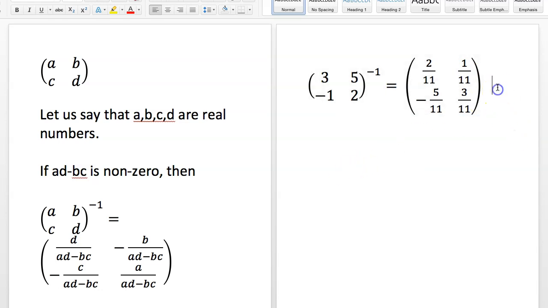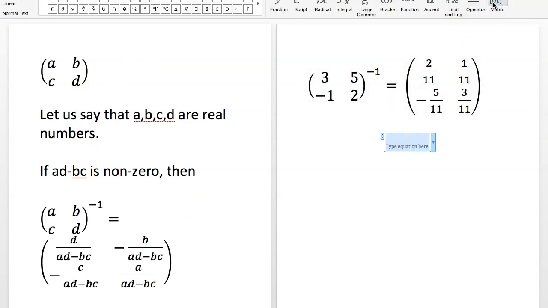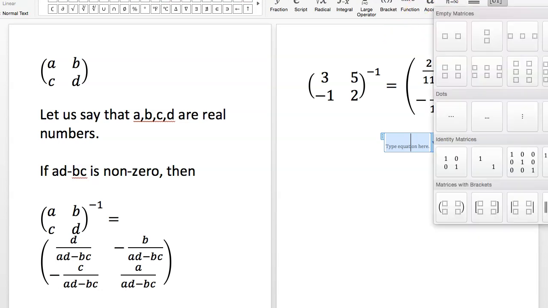Because I claim that if I multiply it by the original, I'll come back where I started. So I claim that if the original was 3, 5, neg 1, 2, and I ought to have left a copy of the original, and I didn't exactly do that. Well, I got rid of my original. Oh well.